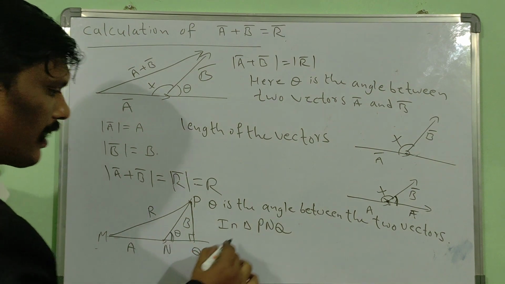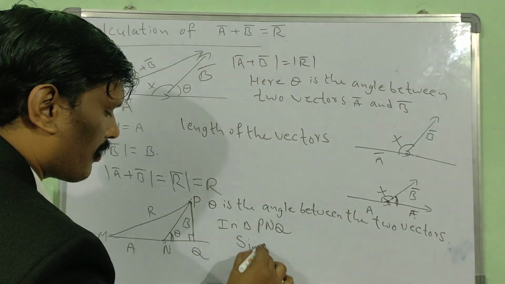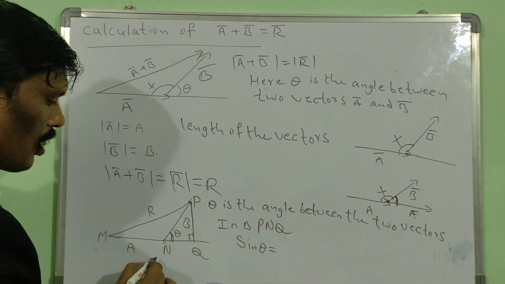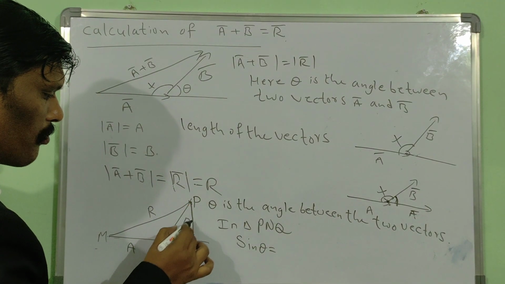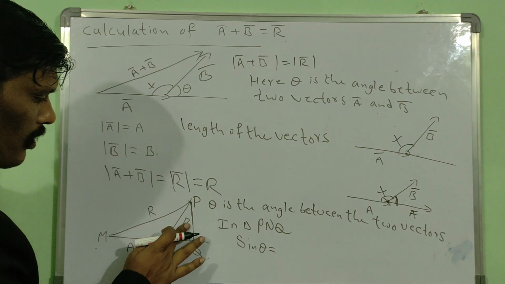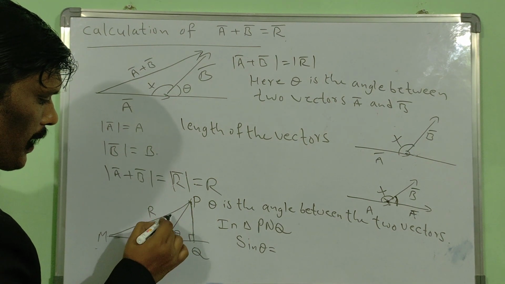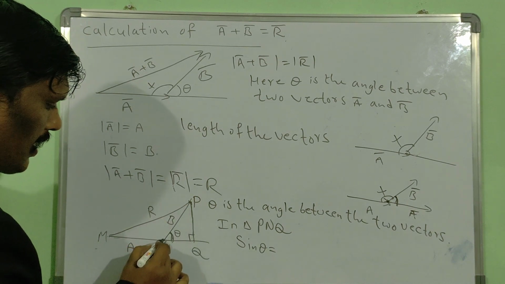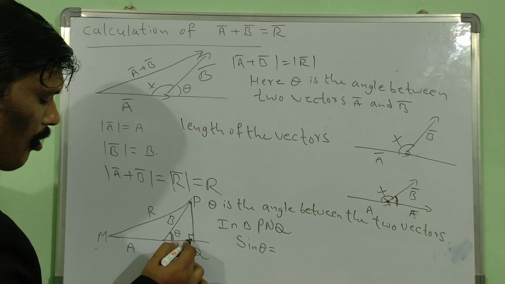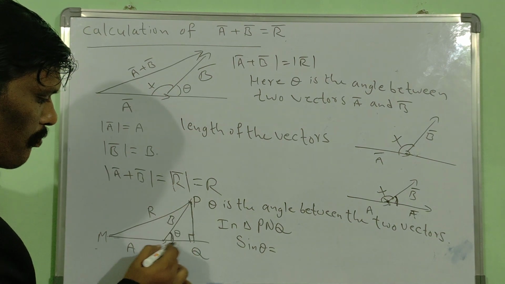If I consider sine theta in triangle PNQ, what is sine theta? Sine theta means opposite side by hypotenuse. This is the A length, this is the B length. Now the hypotenuse is B. Why? Because it is opposite to 90 degrees in the triangle PNQ.